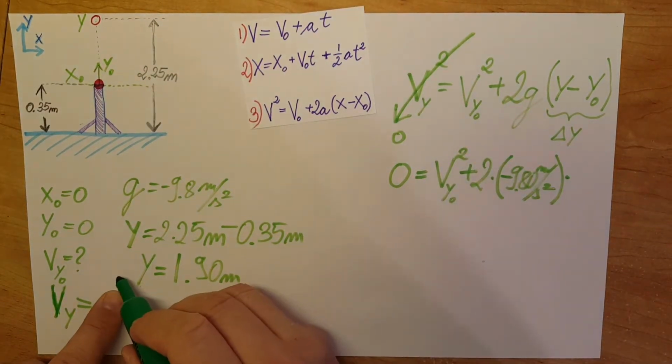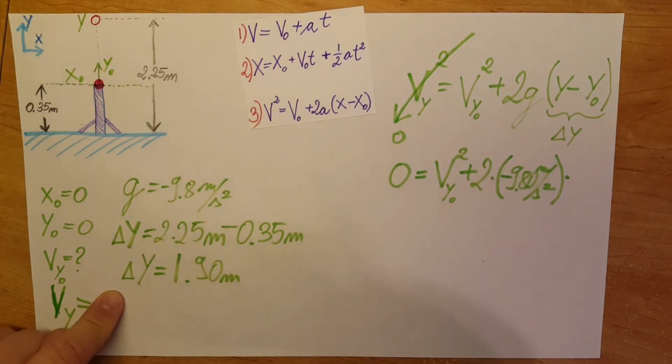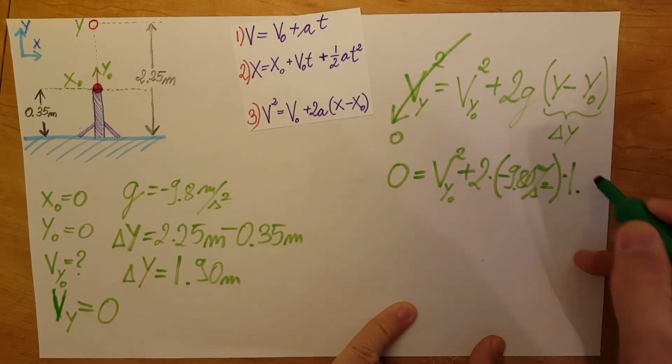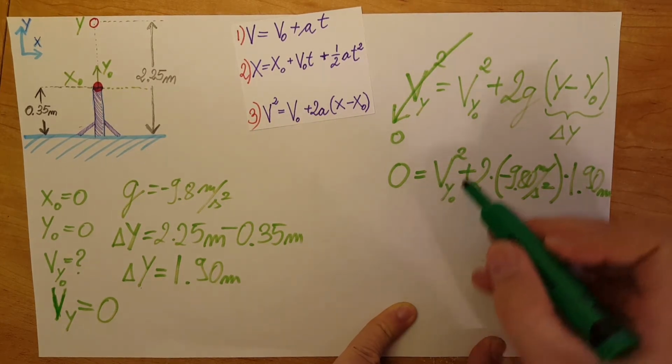Maybe I should denote this as delta y from the beginning, just so we don't get confused. So, times 1.90 meters.